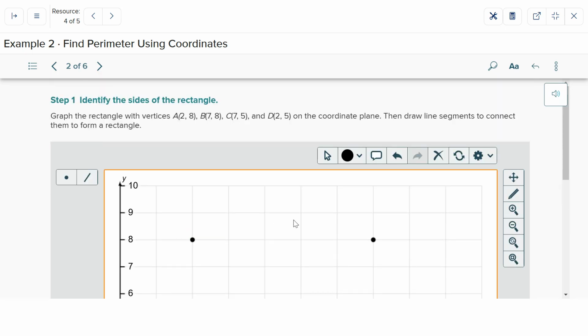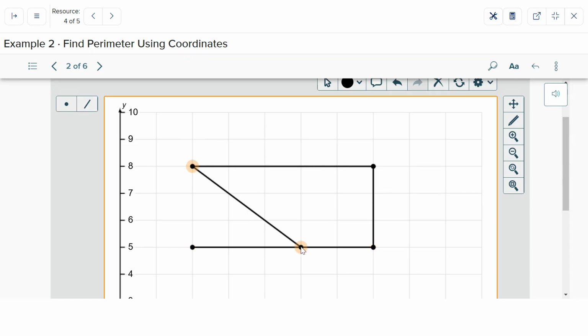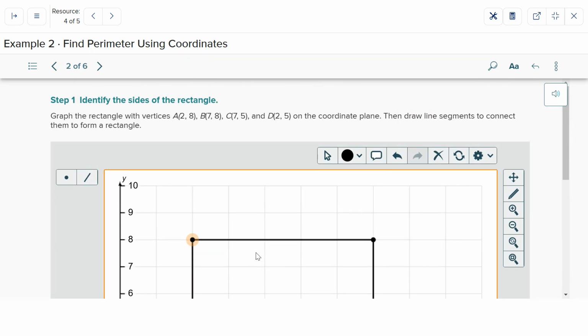Should be there. And then we have to draw these lines. This is much easier to do by hand, but you get the idea here. Look at our cool rectangle. It's the best rectangle I ever saw.